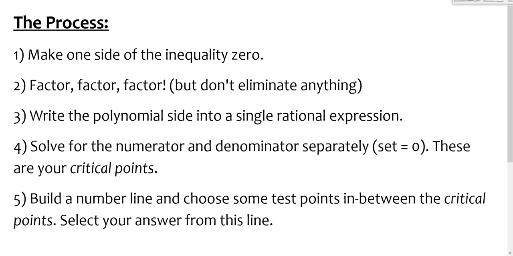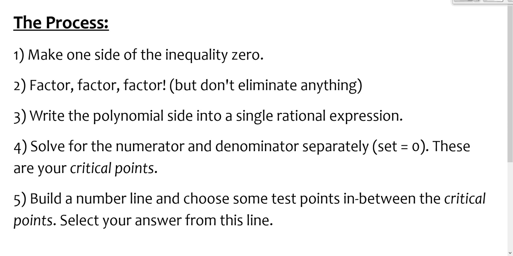After we do that, we're going to solve, which means set it equal to zero, for the numerator and the denominator separately. These are going to create what are called our critical points. After we have those critical points, we're going to build a number line, and we're going to have to pick some test points in between those critical points.